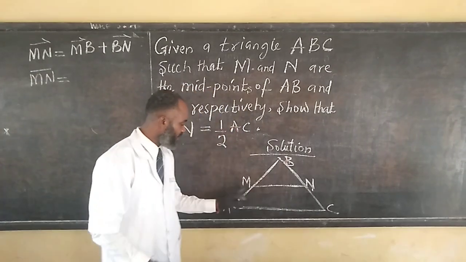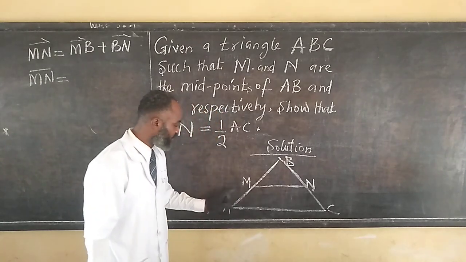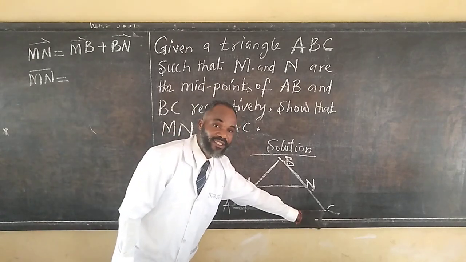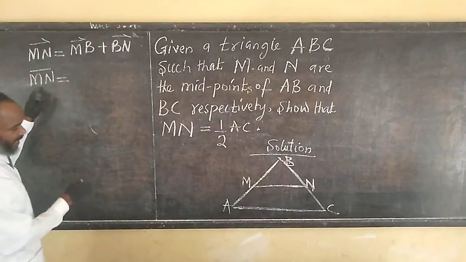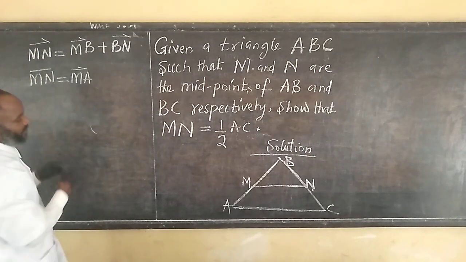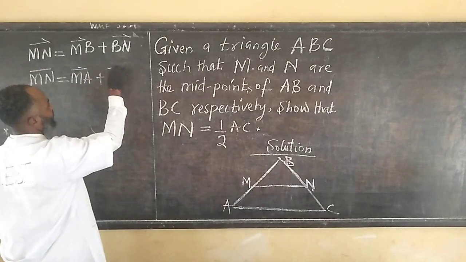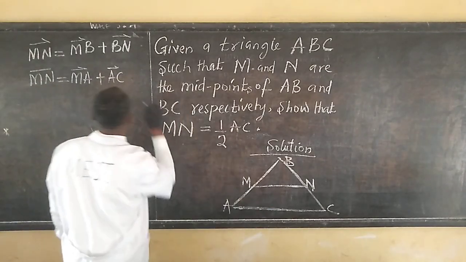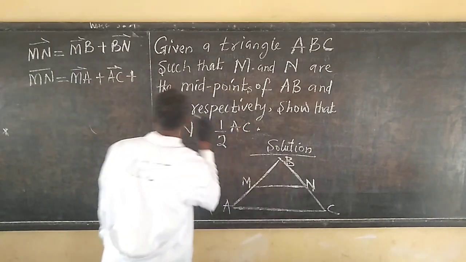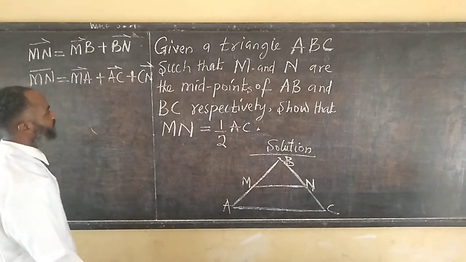So first we have MA, and the next one is plus AC, from here to there, and then plus CN.